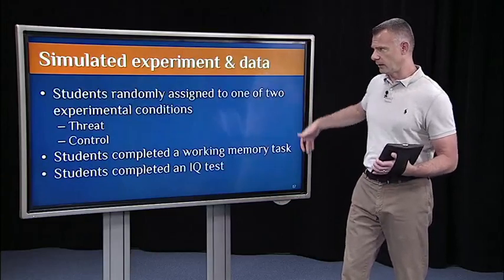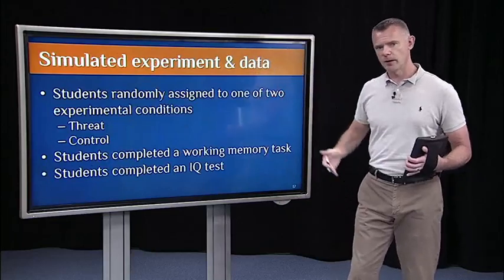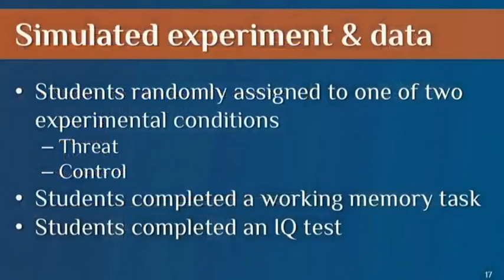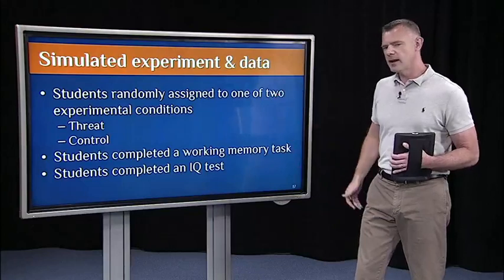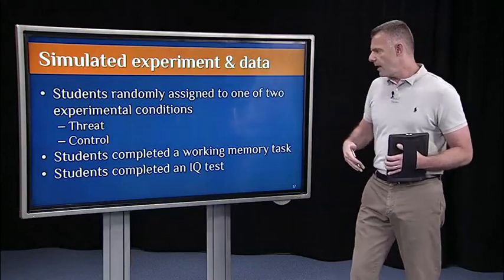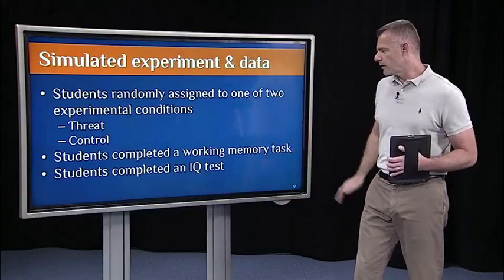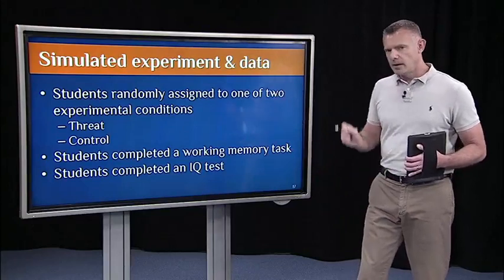So this is an outline of what I call the simulated experiment. We haven't actually done this yet. There's a graduate student in my lab who's doing something like this. So I'll actually have real data, but this is all simulated. But let's imagine that they were randomly assigned to threat or control, and then they completed the working memory task and the IQ test.